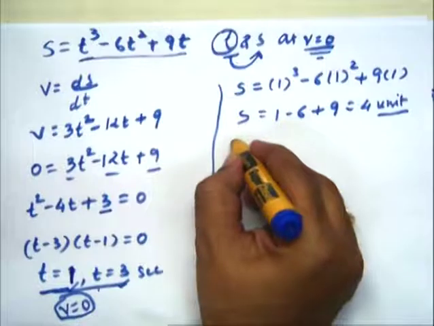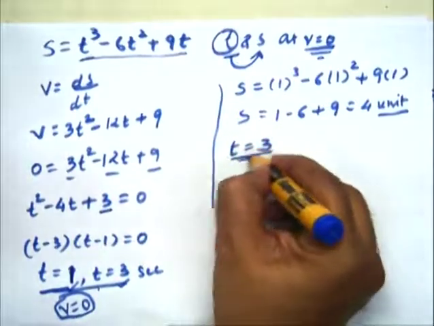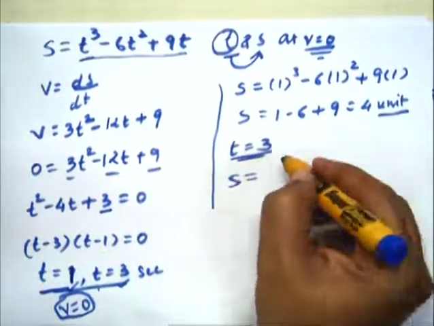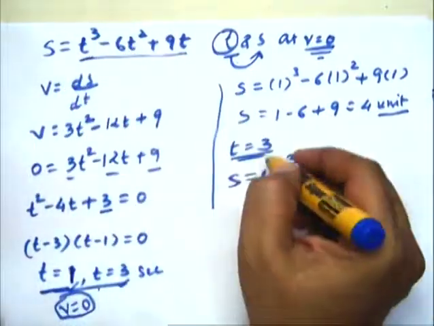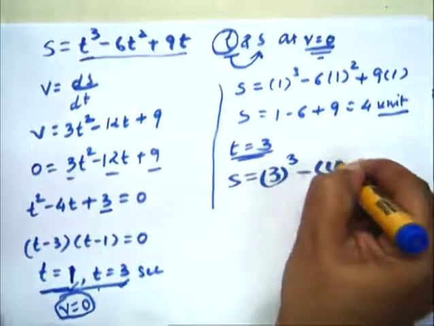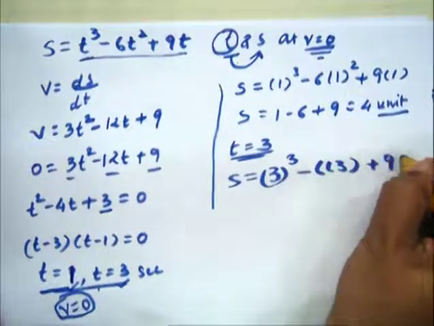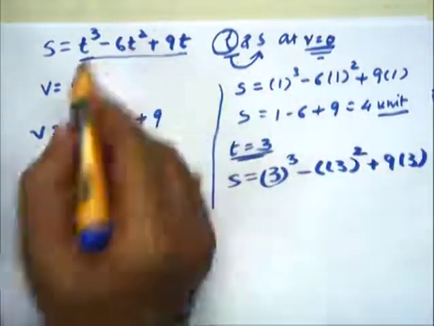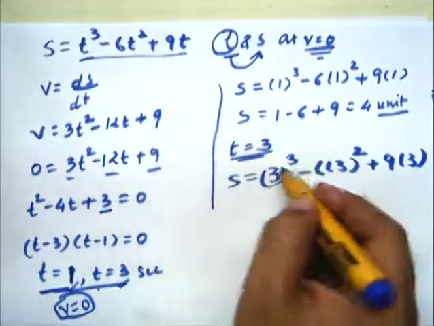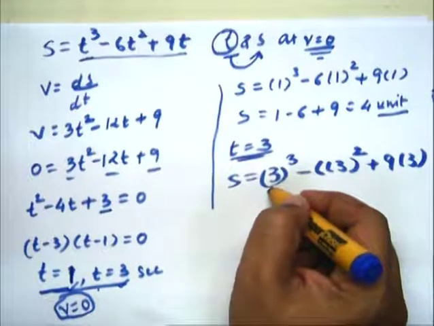Now the particle also stops at t equal to 3 seconds. So for that t, let us find s. Let us put t equal to 3 in s. So we have 3 cube minus 6 into 3 square plus 9 into 3. What we have done is substitute the value of t in this equation.